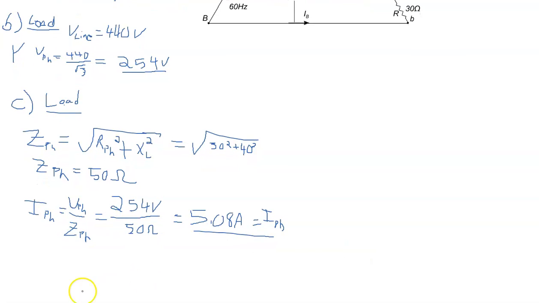Okay, so now for line current, we'll recall now that in a Y system, I line is equal to I phase, and so of course it is 5.08 amps.